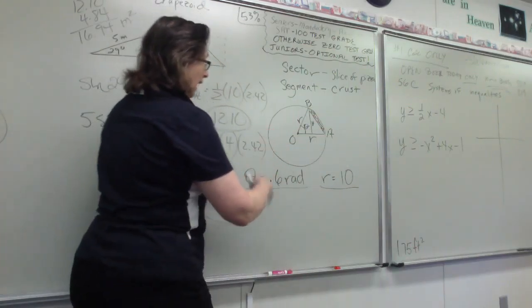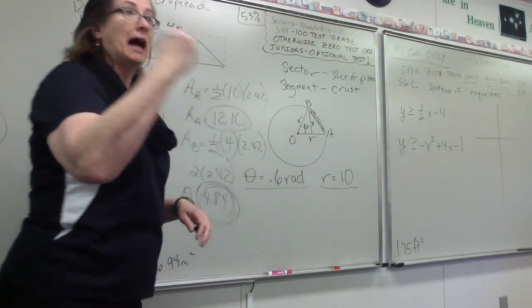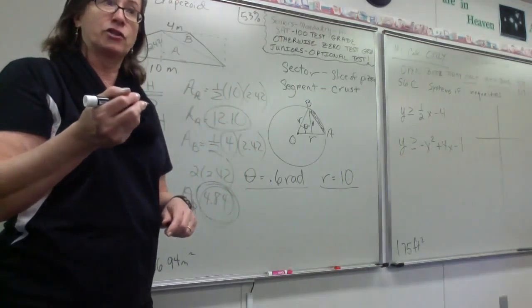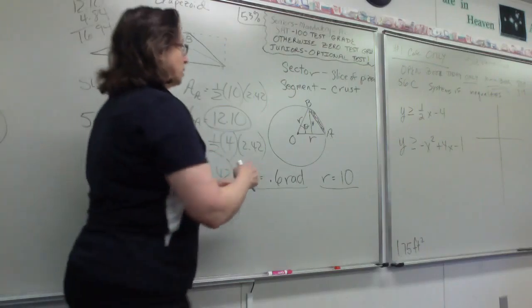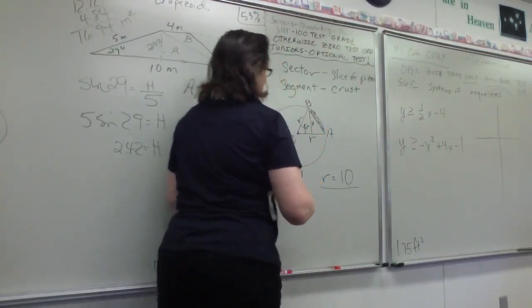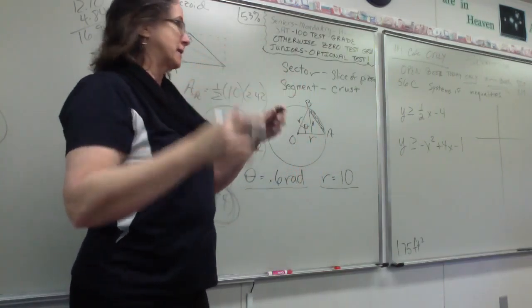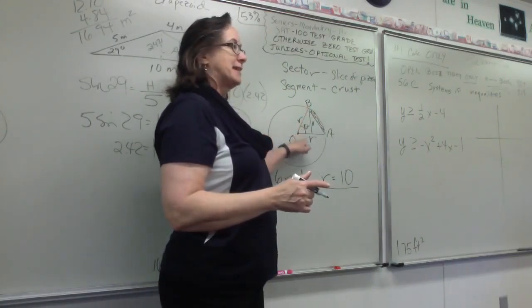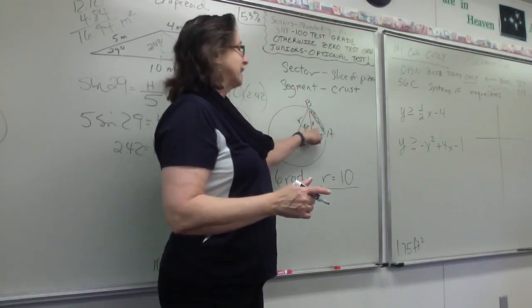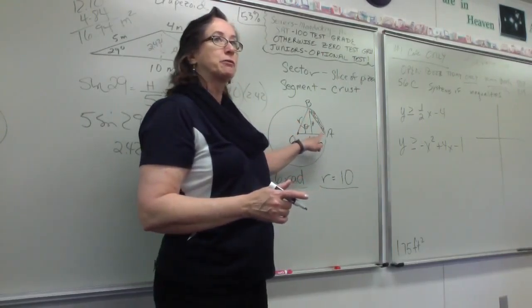When I'm looking at that, I know that there are 2 pi radians in a circle. If I was going to find the area of the segment, the way we're going to go about this is we're going to find the area of the sector, then take out the area of the triangle, and what will we be left with?